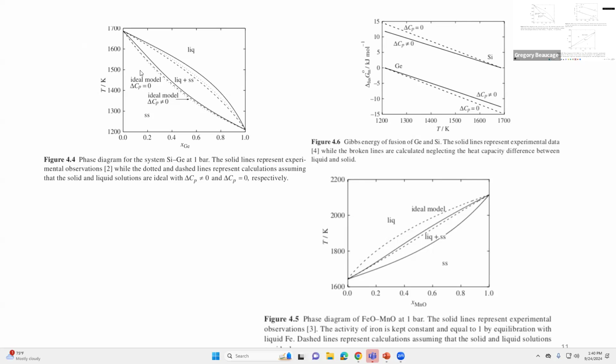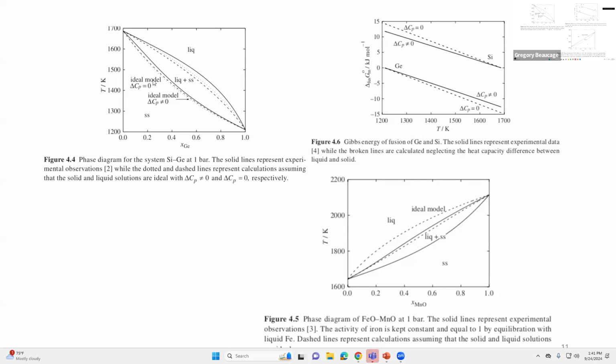There's one with delta Cp equal to 0, the black lines, and then you include that integral, and you get a somewhat better match. It's actually worse in some cases, but so the delta Cp is included and not included. The black lines are the experimental for the delta G, and the dashed lines are calculated with no Cp.